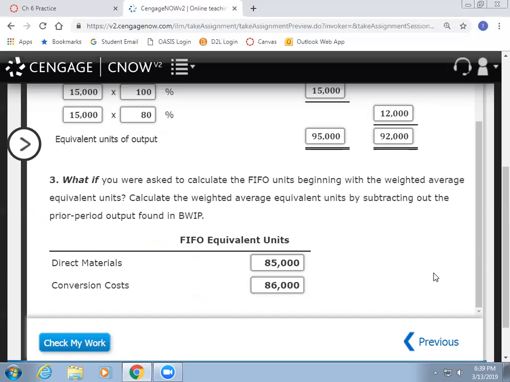So, no, you're fine. I know it's a lot. So you would take your equivalent units that you calculated minus the beginning work in process equivalent units.